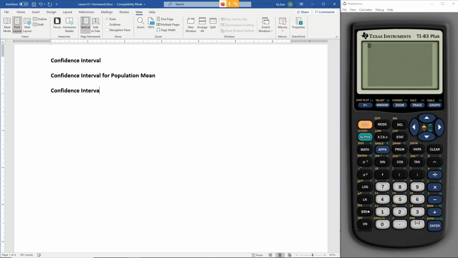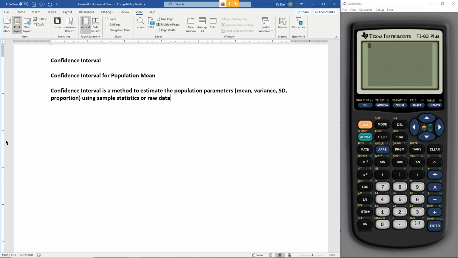A confidence interval is a method to estimate the population parameter. So what are population parameters? Population mean, right? Variance, standard deviation. Sometimes it's proportion. Using sample statistics or raw data.